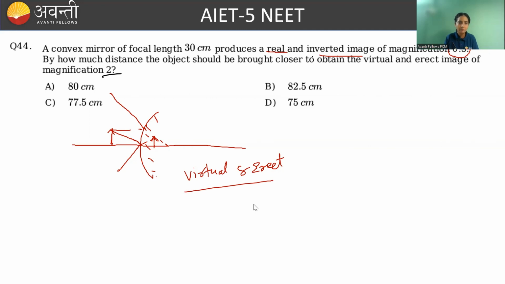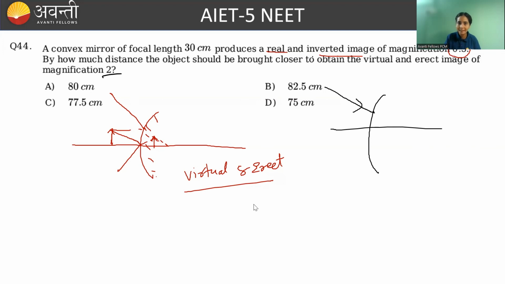In ray optics also, I have explained to you the concept of virtual object, not image, virtual object. And that virtual object concept can explain how a convex mirror can form a real image. How? If light is falling on the convex mirror like this, you can't see the object, so you can't see from where the light is coming.